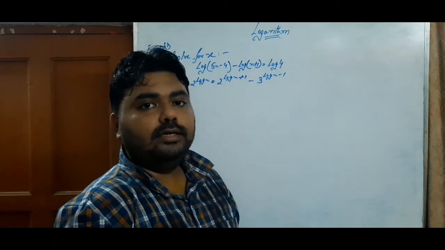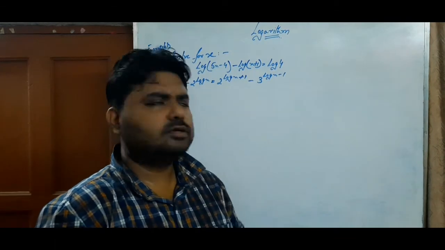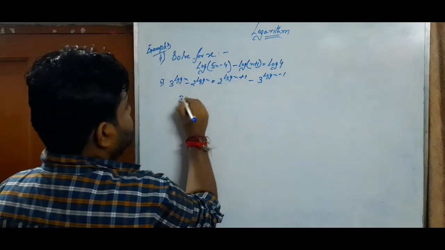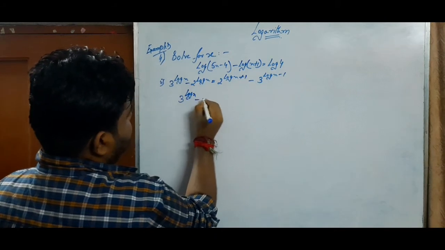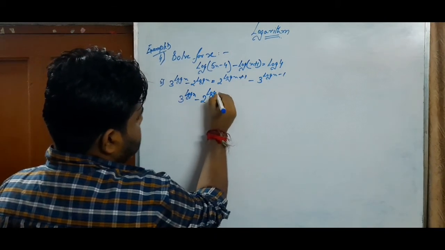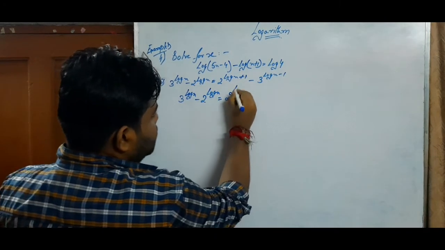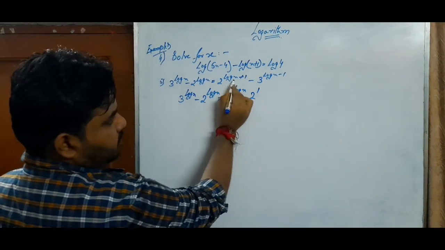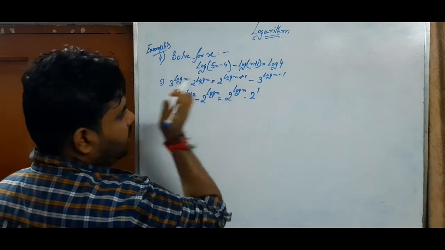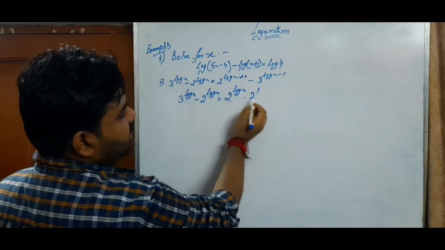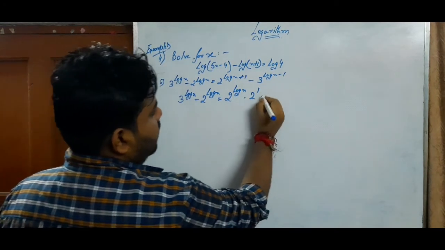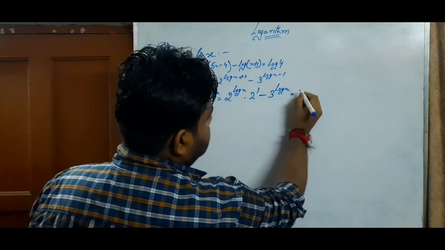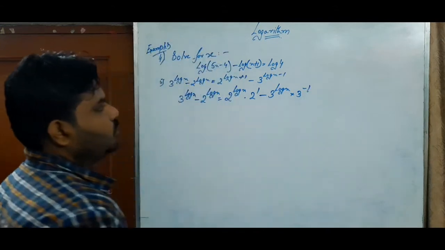We have to apply the formula of indices over here. How? Just see, 3 to the power log x minus 2 to the power log x equals, we can write 2 to the power log x into 2 to the power 1, since the plus sign in the power means it will be multiplied, that is 2 to the power log x into 2 to the power 1, minus 3 to the power log x into 3 to the power minus 1.